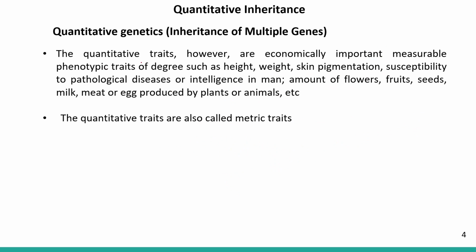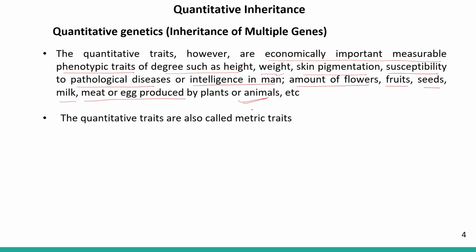The quantitative traits, however, are economically important, measurable phenotypic traits of a degree, such as height, weight, skin pigmentation, susceptibility to pathological disease or intelligence in man, and the amount of flowers, fruits, seeds, milk, meat or eggs produced by plants or animals.